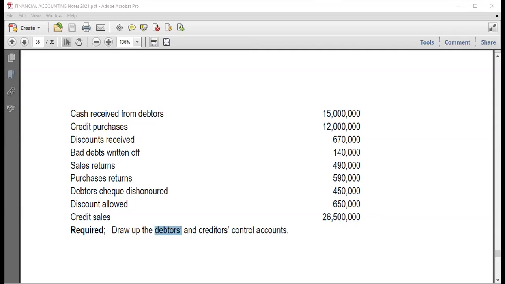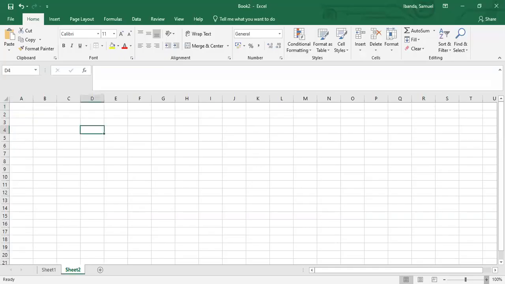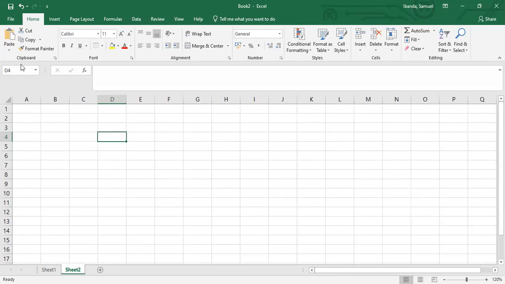Control accounts are one of those really very simple things to basically do, okay? Once you understand the concept, okay? So let's start with the debtors control account.